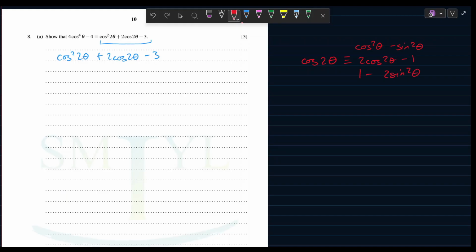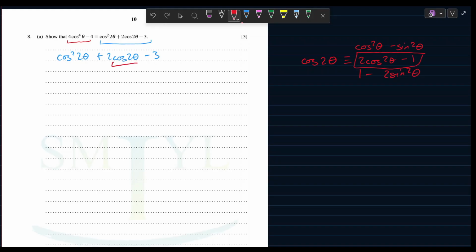And here, because I can tell that the expression we want to get to on the left hand side just has cos theta, even though it's raised to the power 4, we'll figure that out along the way. I want to use this middle identity here, 2 cos squared theta minus 1, because that's the only one in which we only have cos, and that seems to be the direction we have to move in.